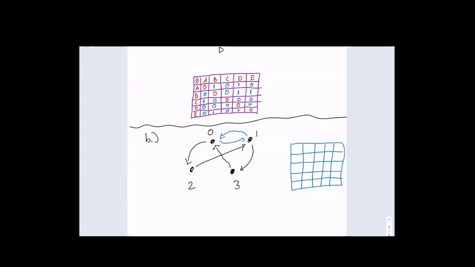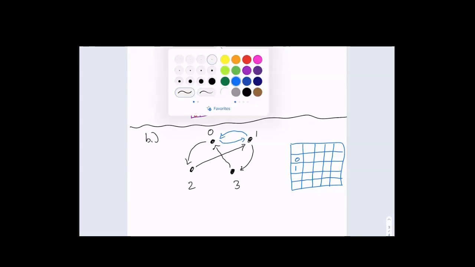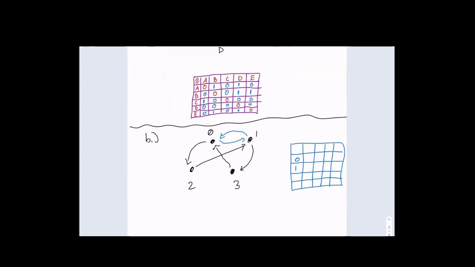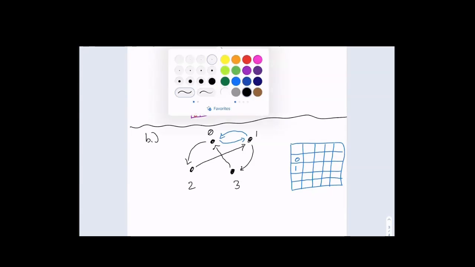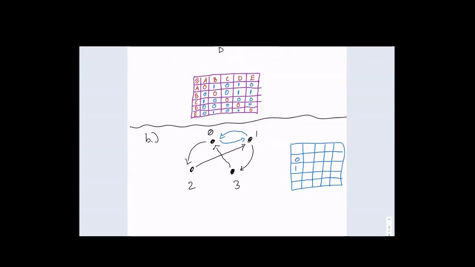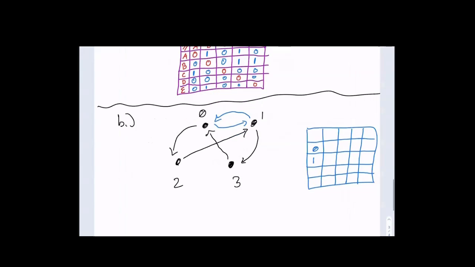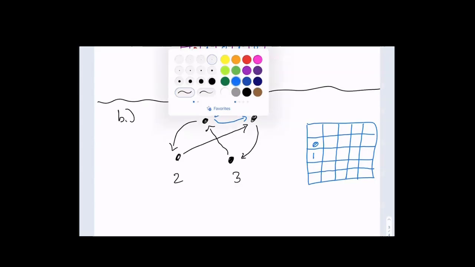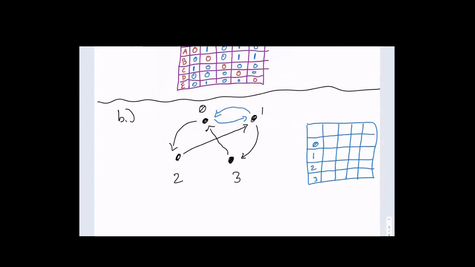We will label our vertices now. 0, and I'm going to note this 0 as a line that goes through just so that I can signify the difference between 0 and a zero. 0, 1, 2, and 3.